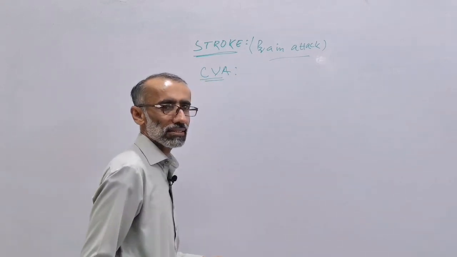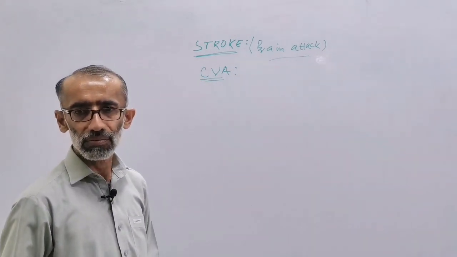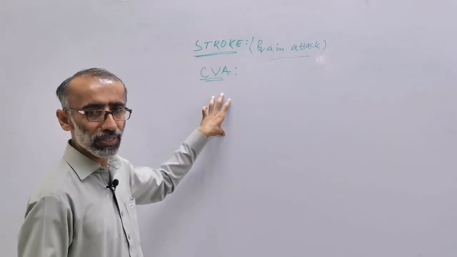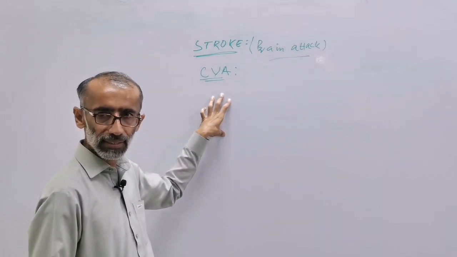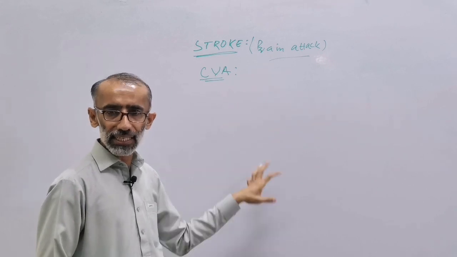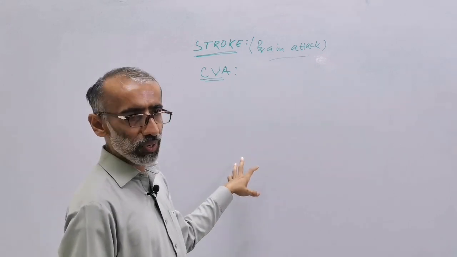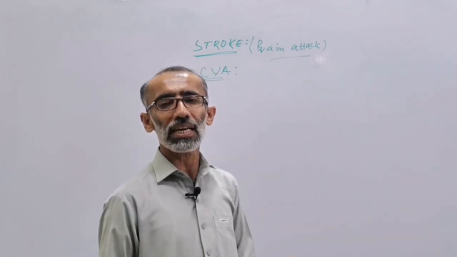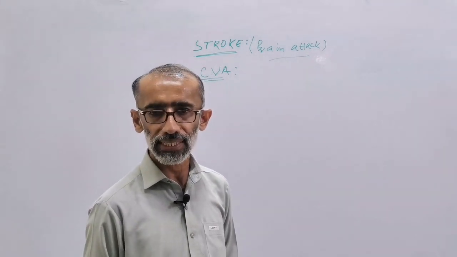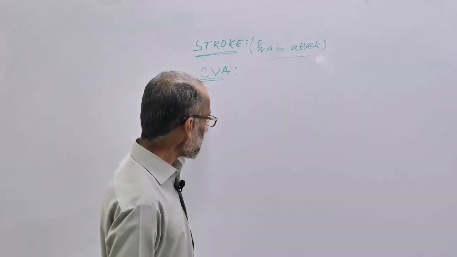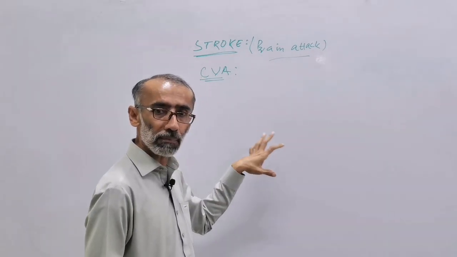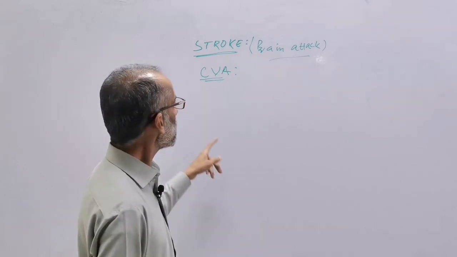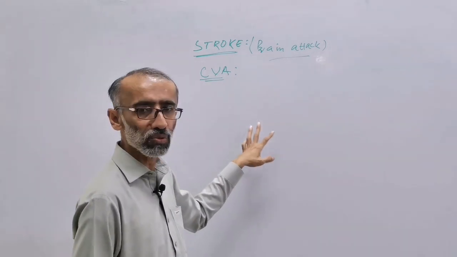I think it is clear now. Cerebrovascular accident is a clinical condition in which there is reduction of the blood flow to the brain. If the oxygen-rich blood supply to the brain is suddenly blocked, it is called cerebrovascular accident.